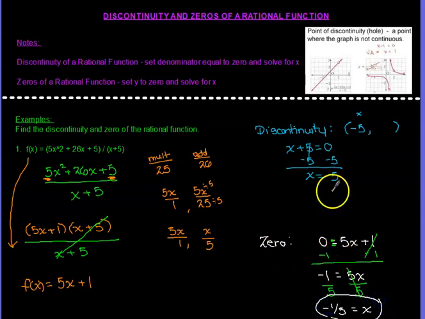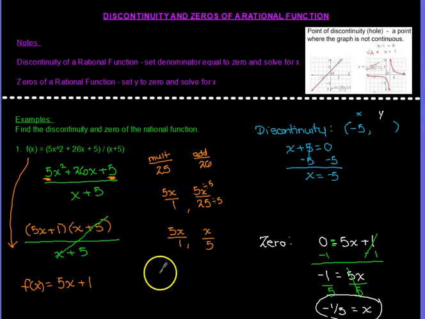However, I'm pointing out that you will have a point because remember, we never found the y value for the discontinuity. So remember, the x value was negative 5, which means to find the y value, you plug it in. Again, we couldn't plug it into the original equation because it would give us a denominator of 0. So we plug it into the simplified one. So taking a sidebar, and I know this is a little all over the place, but I'm going to plug it in over here.